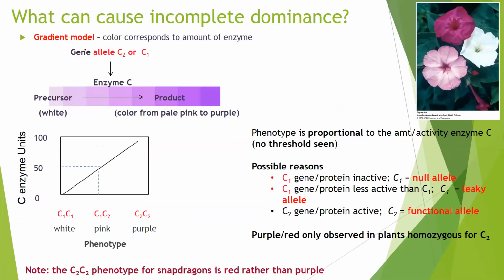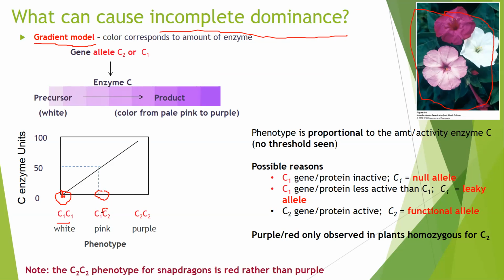Okay, so this is the gradient model that can help us understand incomplete dominance. So for example, the flower color in this case. The homozygous mutant C1C1 allele can produce 0 enzyme for the purple pigment. All right, so this is the 0. Now let's look at the heterozygous.